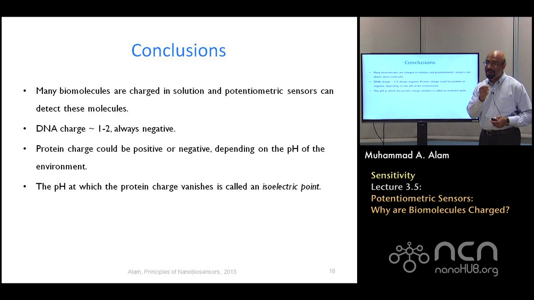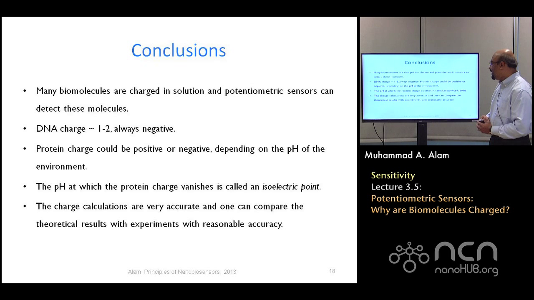We have to be very careful to stay away from the isoelectric point, because at the isoelectric point, the protein molecule disappears from the sensor response, because the charge is essentially zero, and a potentiometric sensor only sees charge and nothing else. Now it turns out that if you do some charge calculation, compare with experiment for DNA, as you will do in the homework, the results would be pretty good, and you'll be actually impressed how close it is to the experimental value.